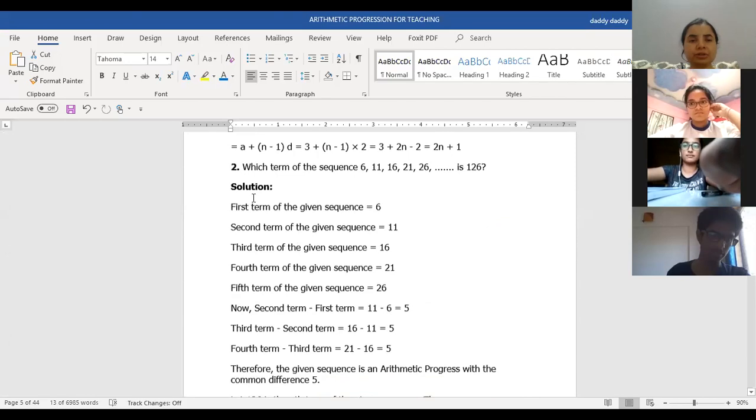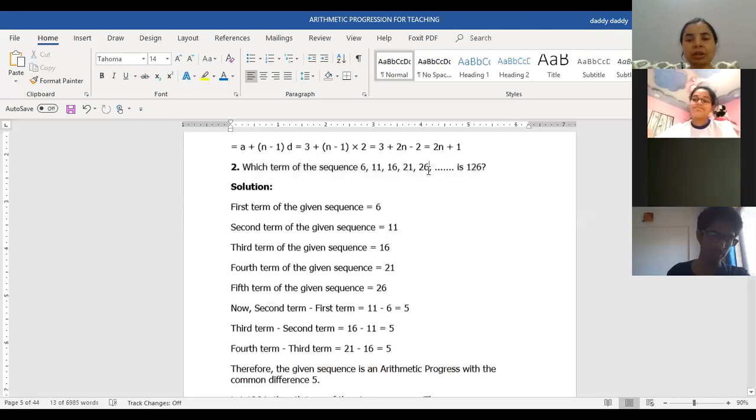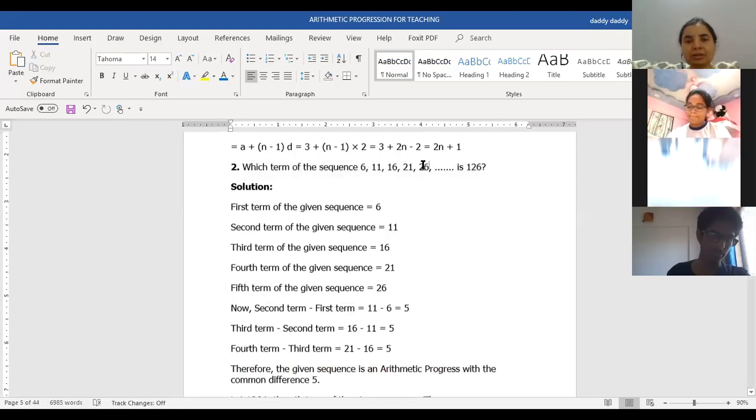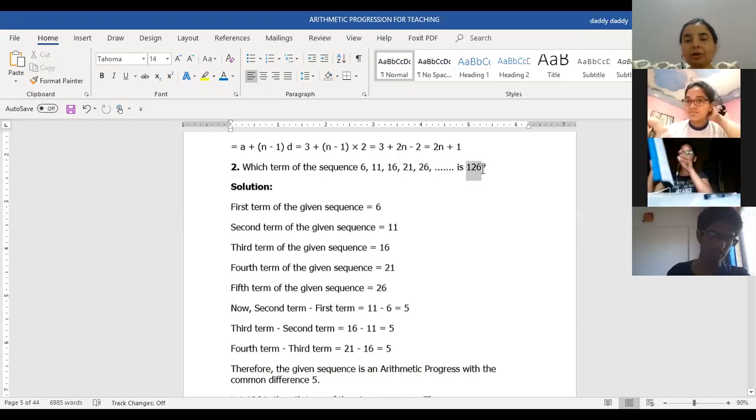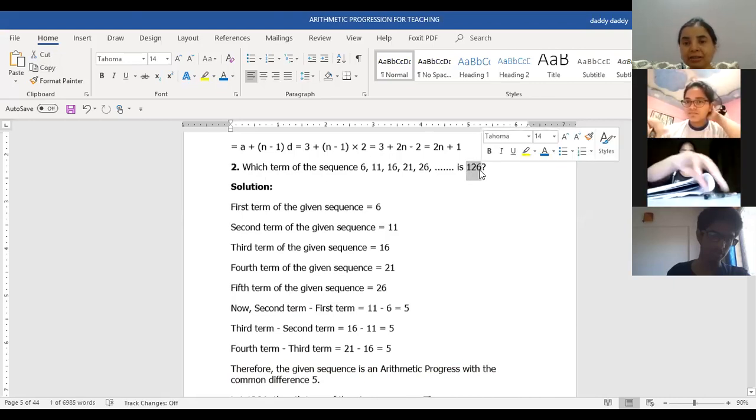This is your second question. Which term of the sequence is 126? Now he has already given you that the sequence is an AP, and he is asking on which place this 126 number will be sitting.